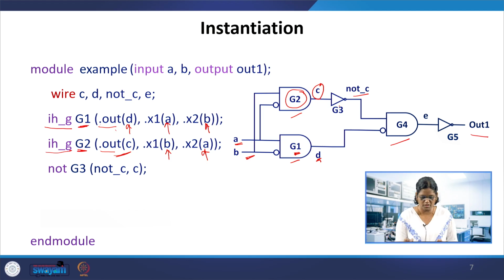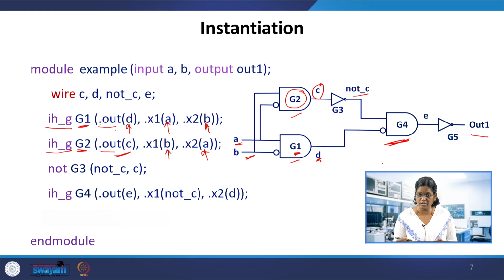So this is the third instantiation, and the fourth, G4, we are calling the previous inhibit gate a third time, instantiating it here as IHG. The name is G4, and the dot out is E, and the first input, dot x1, is not C, and dot x2 is D, which is given here.